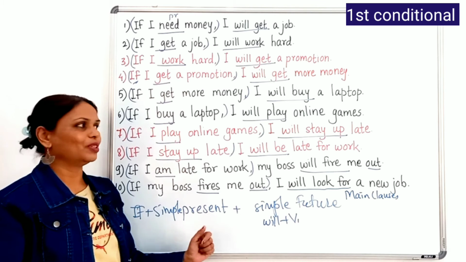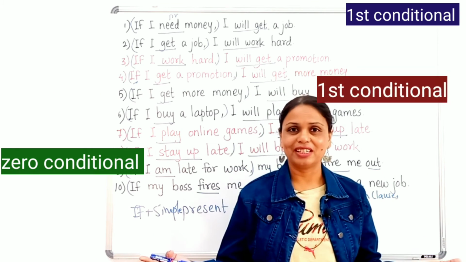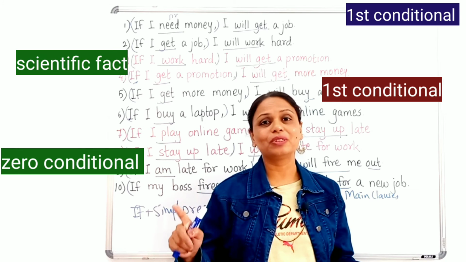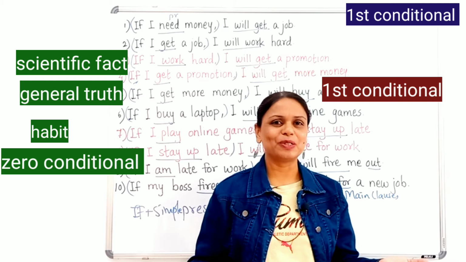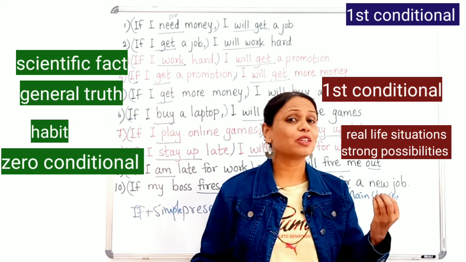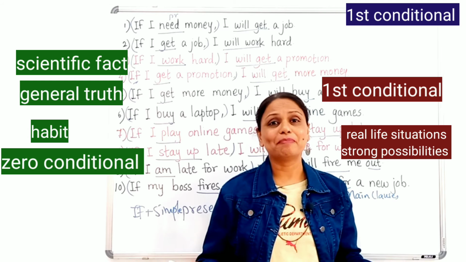Let's compare the zero conditional with the first conditional. The zero conditional is used when you want to state a scientific truth, a general truth, or a habit. And the first conditional is used when you want to talk about real life situations, strong possibilities and probabilities. What is the difference between their patterns?